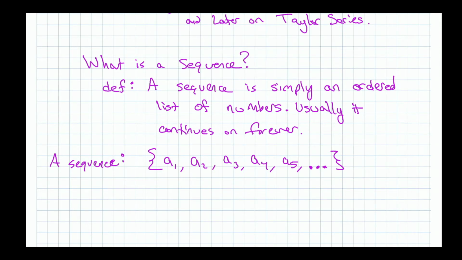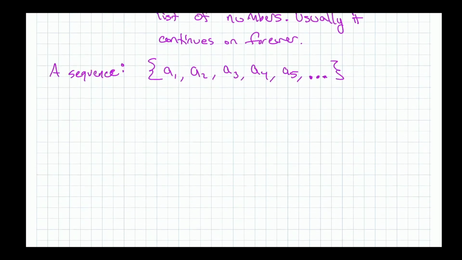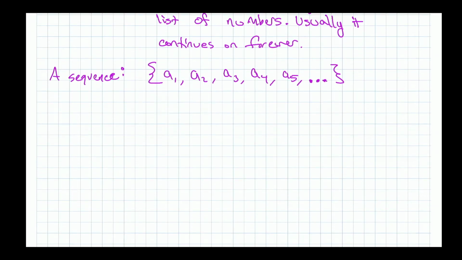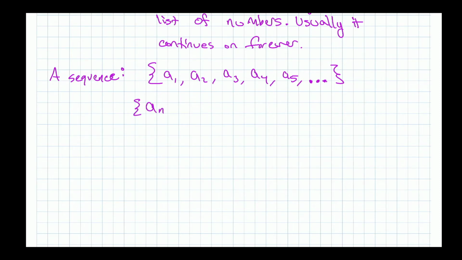So technically it's not just a set, but it's a lot like a set because it's just a list and a set is a list. So they're kind of the same. Regardless, they often use curly braces around a sequence. Sometimes they'll write it this way, they'll say {an} to refer to the sequence.